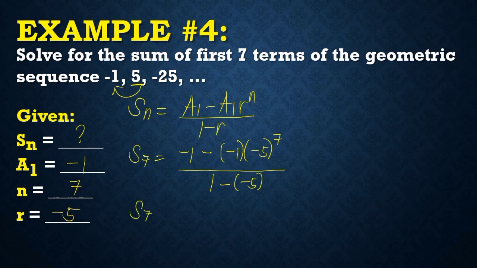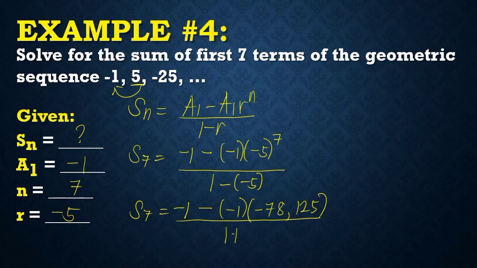Then S sub 7 is equal to negative 1 minus negative 1 raised to, so if we raise negative 5 to the 7th power, that is 7 beses natin i-multiply yung 5 sa sarili niya. So that is negative 78,125 all over 1 minus negative 5 magiging 1 plus 5.